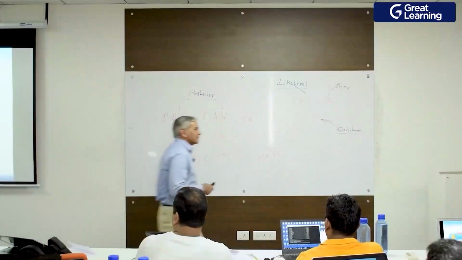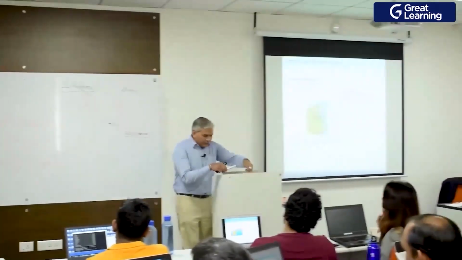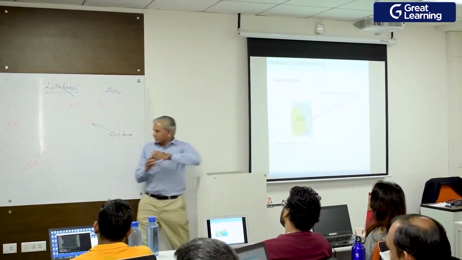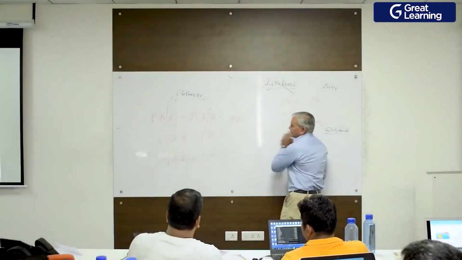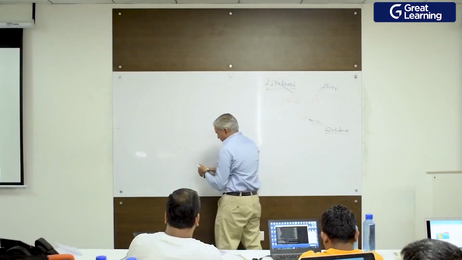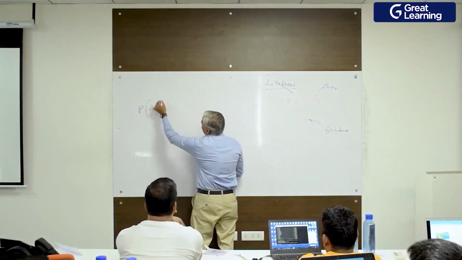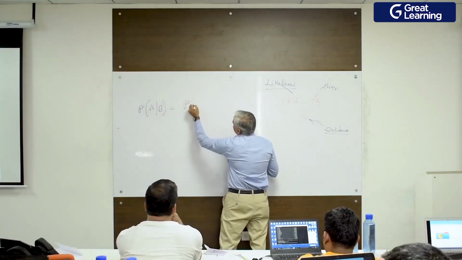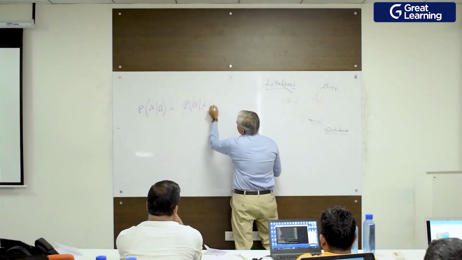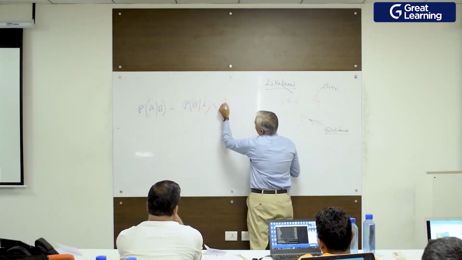Before I move on, when you read about these algorithms in books and articles, you need to be slightly careful. Let me explain what the problem is. The probability of A given B is equal to probability of B given A into PA by PB.